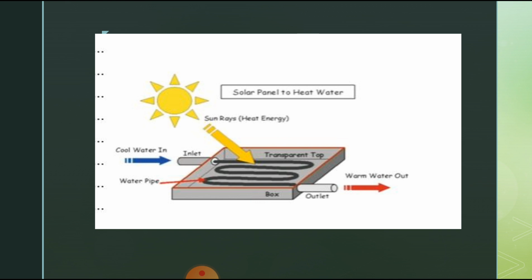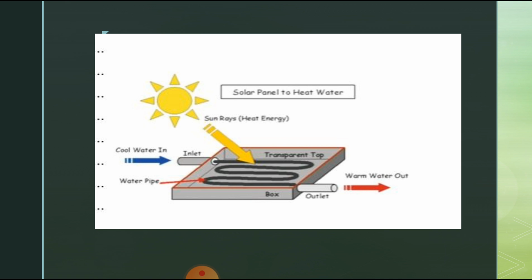The water pipe inside the box gets heated when the sun rays fall in it. Let me explain all this procedure in detail.